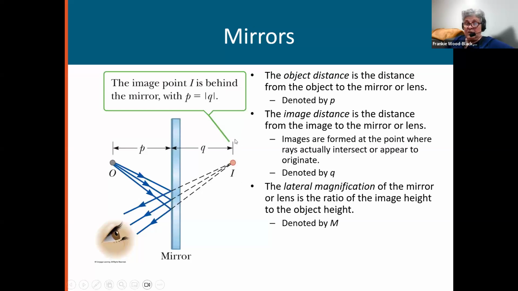So where that image appears for a flat mirror is called a virtual image because the image really isn't there. It just looks that way to our eye.